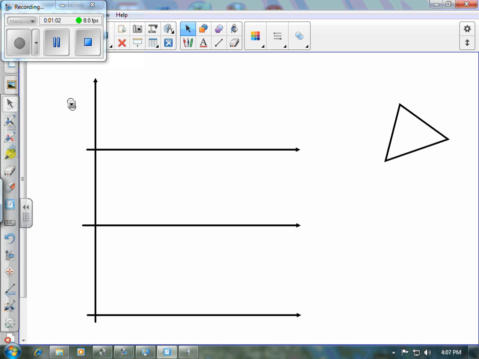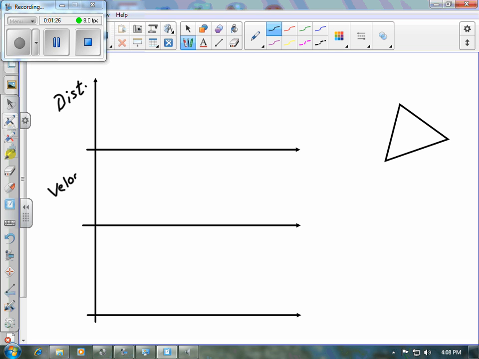We're learning together, right? Okay, here we go. So we want to just be in regular drawing mode, which I think is this one. Okay, so here's distance. Here's velocity. Okay, class. Well, let's just leave it at distance and velocity for a second.